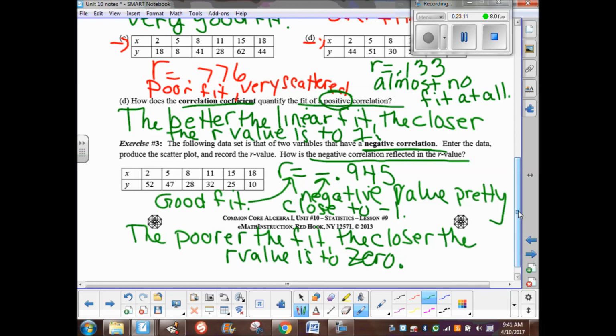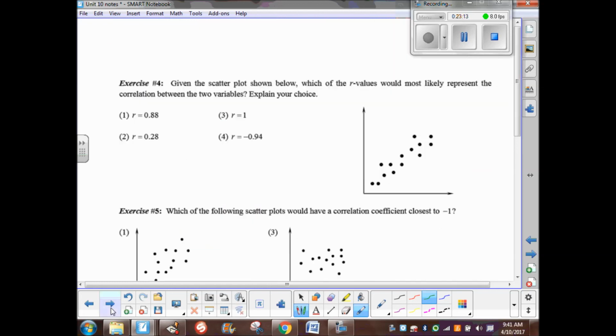I don't think we need to do all of these on the next page, but we'll take a look. So we got a multiple choice question in 4. It says, given the scatter plot, which R value would most likely represent the correlation between the two variables? Explain your choice. So what is this doing?